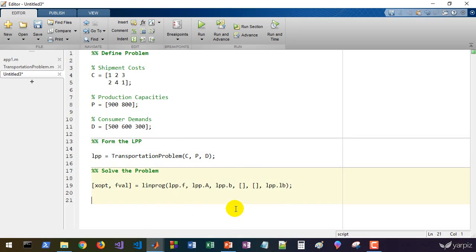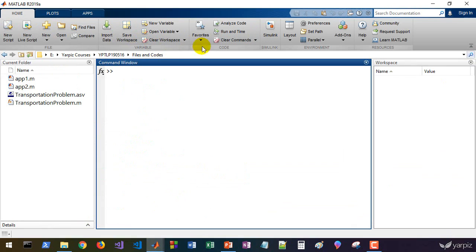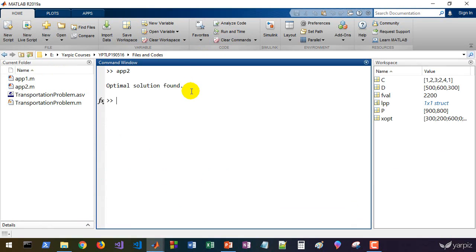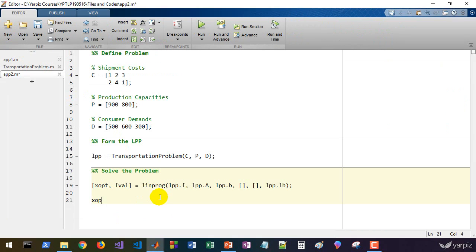And now let's run the program, and let's clear the workspace and run the app tool, and we have xopt as this. And we must reshape xopt to lpp.size, I think, and this reformats the solution into our matrix form, and we do this here.